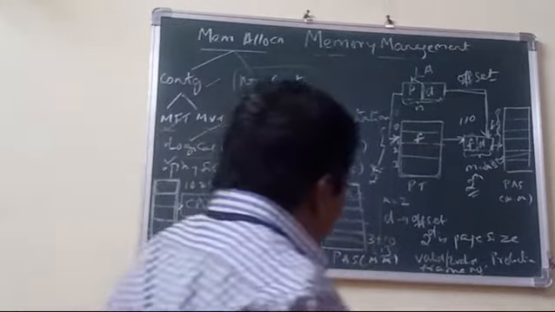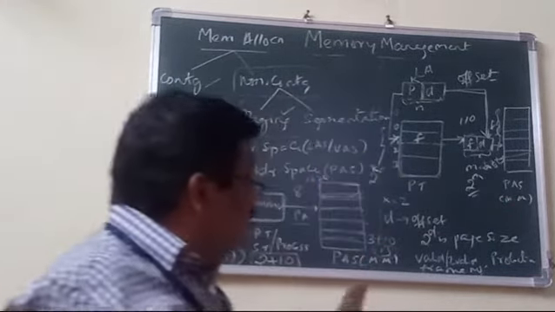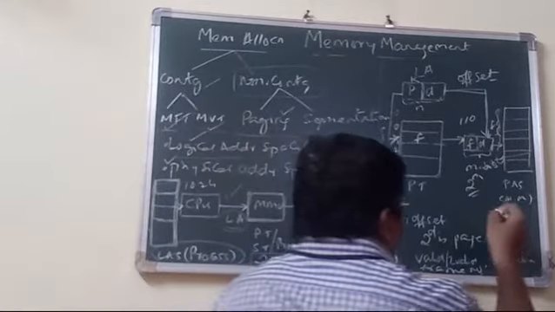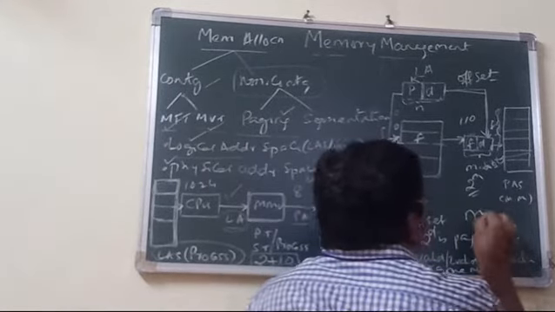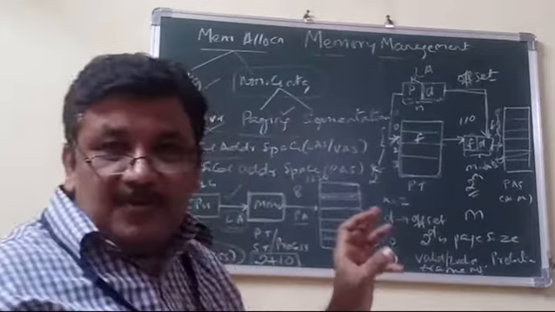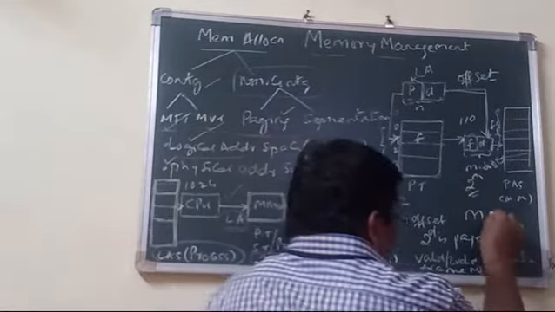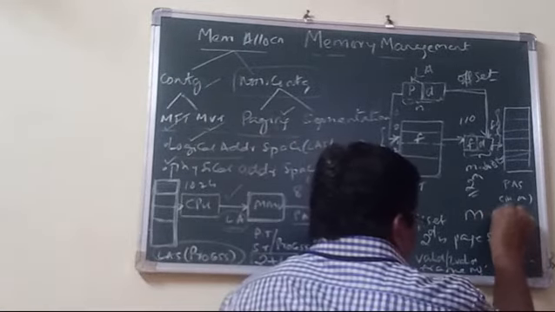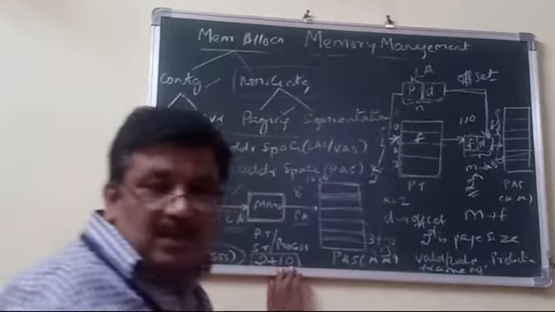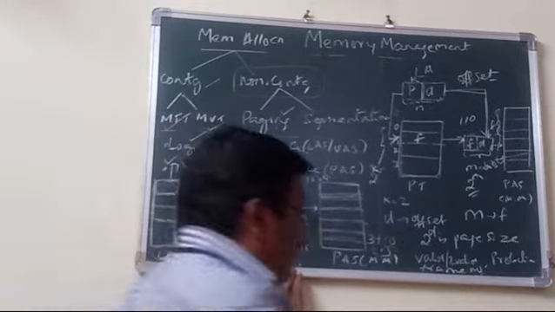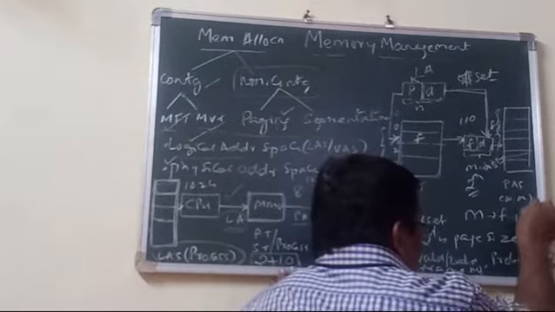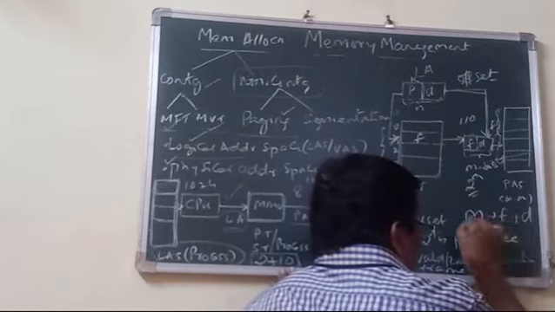Assume that there are m bits in the physical address, out of which f bits are used to address the frame number and the remaining d bits are used to address a location within the frame.